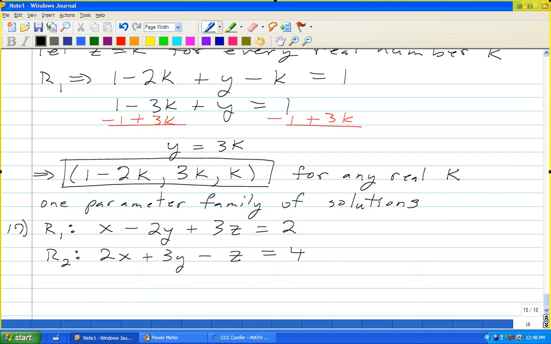Actually, let me eliminate y. So notice again, this is an underdetermined system.